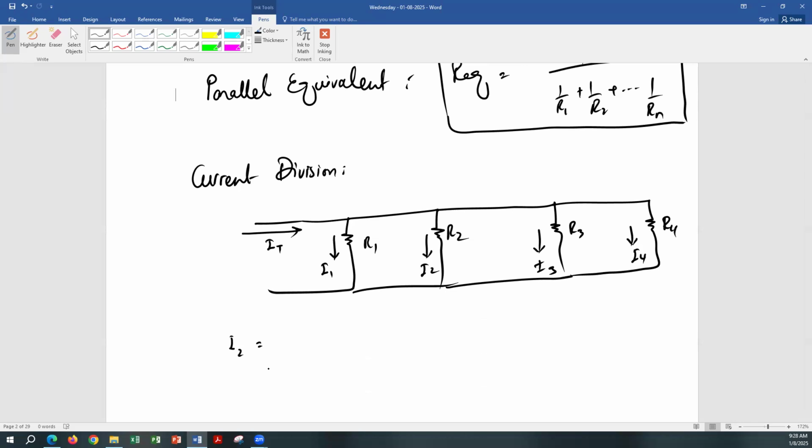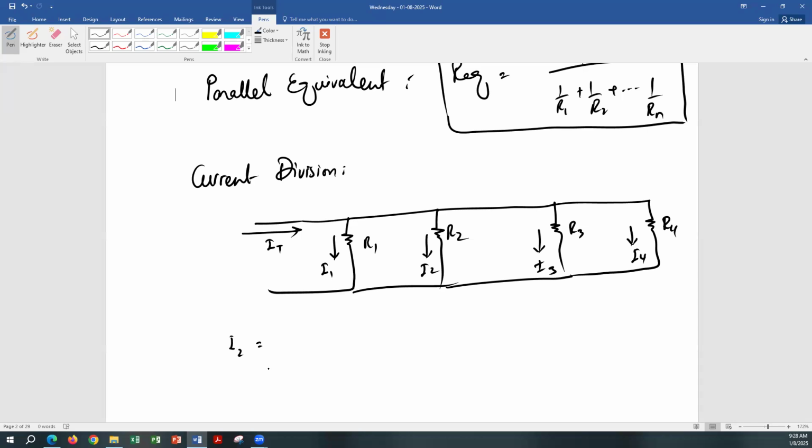What will be the I2 expression using current division? The equivalent of all those resistors. Yes, very good. Excellent.